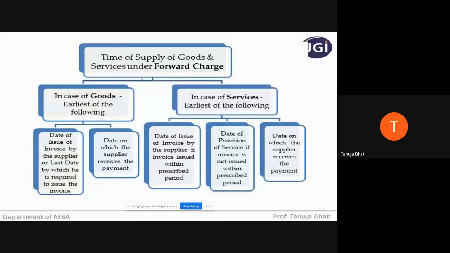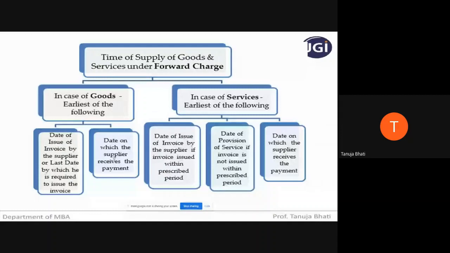In case of goods, that is the date of issue of invoice and the date on which the supplier receives the payment. Now, how do you determine the date of receipt of payment?